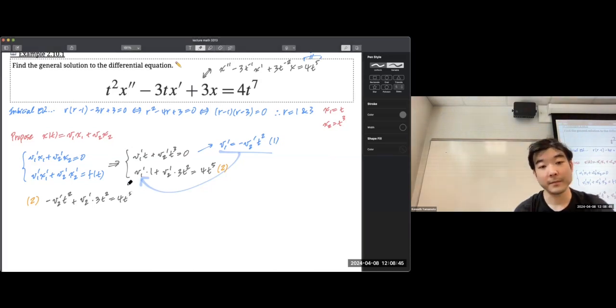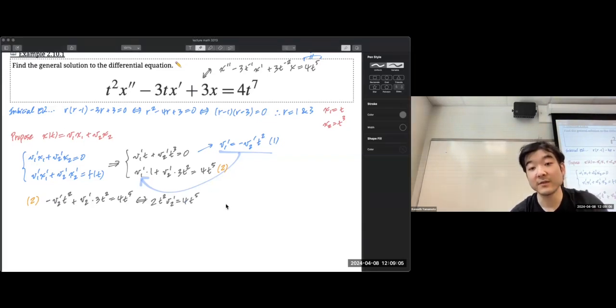And then you can consolidate. So this is like 3t squared, this is 1t squared, so you can consolidate, and this just becomes 2t squared v2 prime is equal to the 4t to the 5. And then you can just divide through by 2t squared, and you'll end up getting that v2 prime is equal to 2t cubed.